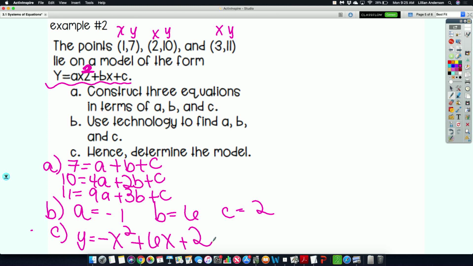You actually have to write the particular equation, which basically means that if I were to graph this and look at the table, (1, 7), (2, 10), and (3, 11) would actually be points on this quadratic. Okay, that's how you use a model for a set of data points. So our answer on the test is y equals -x squared plus 6x plus 2. That would be the actual model. Yes. How'd you get that?